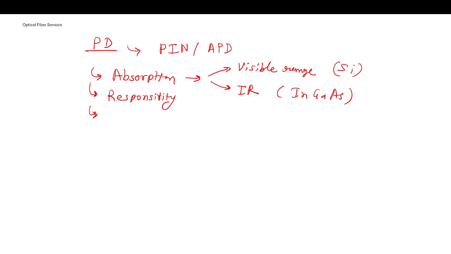So responsivity goes with absorption again: which wavelength it can respond to, based on the material. Silicon is for the visible range as we discussed just now, and for IR, indium gallium arsenide.